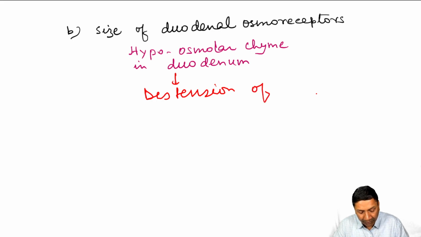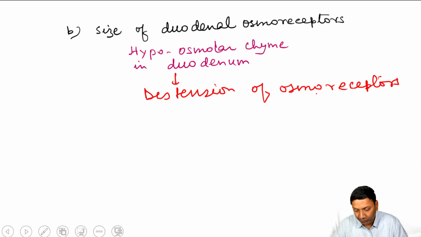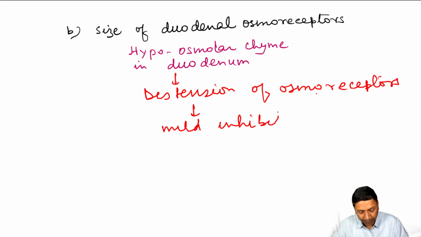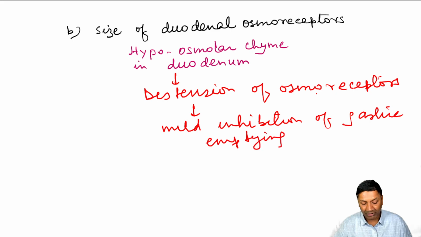So distension of the osmoreceptors in the duodenum will lead to mild inhibition of the gastric emptying, right?